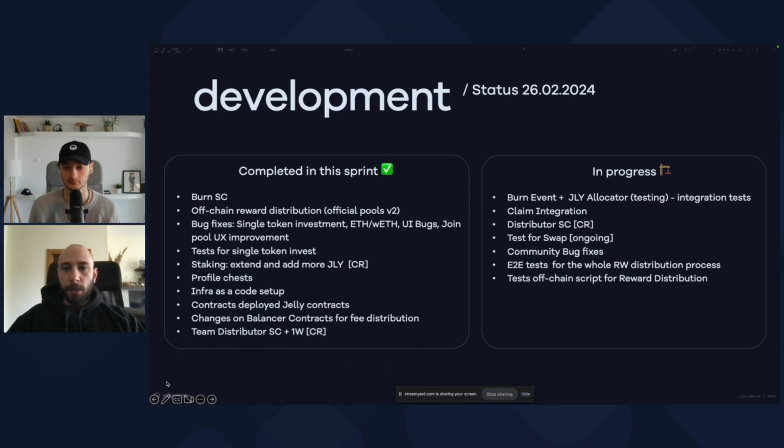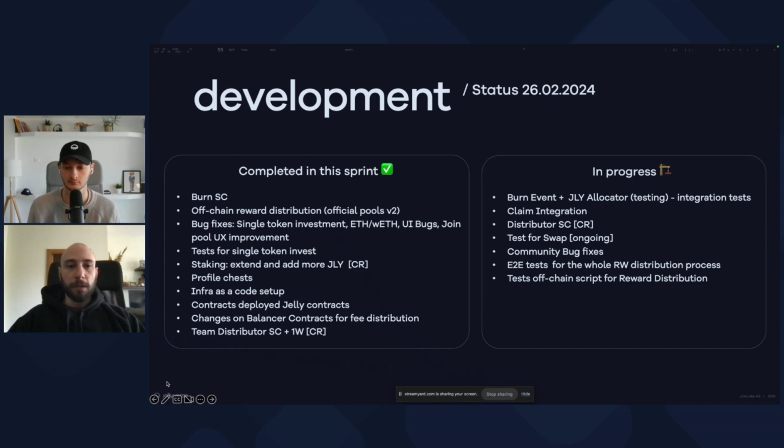So, burn event, jelly allocator testing, integration tests. That is all the front end and the integration side of the burn smart contract. Claim integration is the integration of claiming of those rewards that will be distributed. Distributor smart contract as well. Tests for swaps: like I said, we're currently performing internal testing.